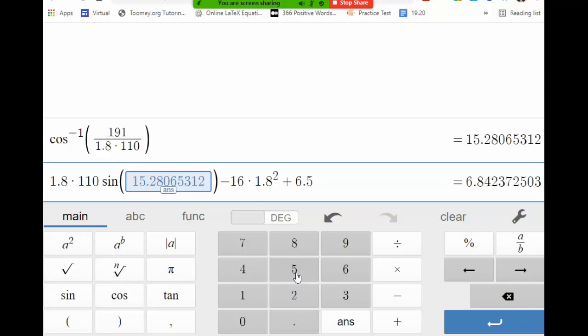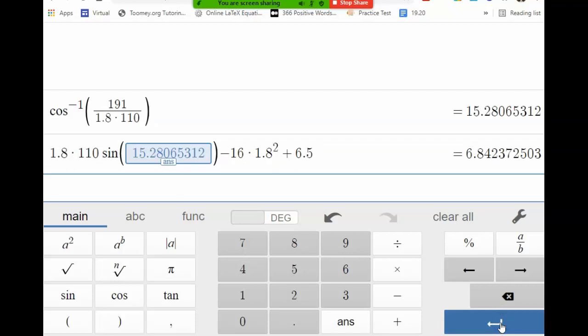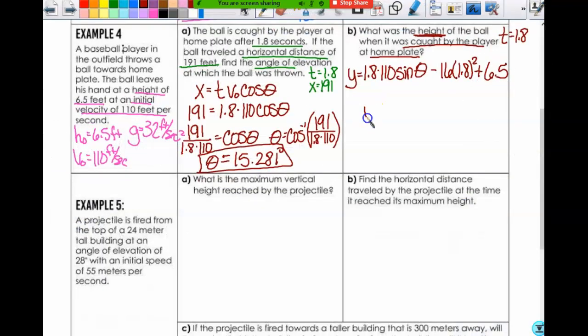Literally just type it in exactly like it's on your paper. You get 6.842. So y equals 6.842. This would be feet.